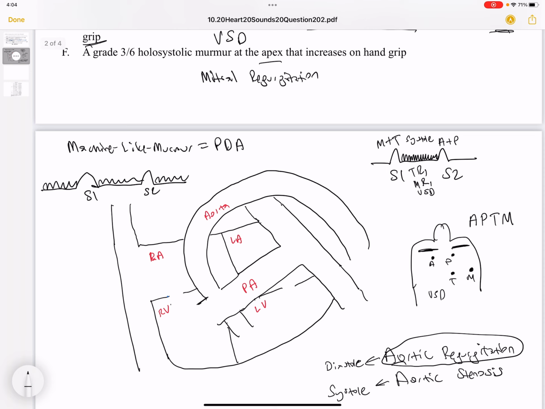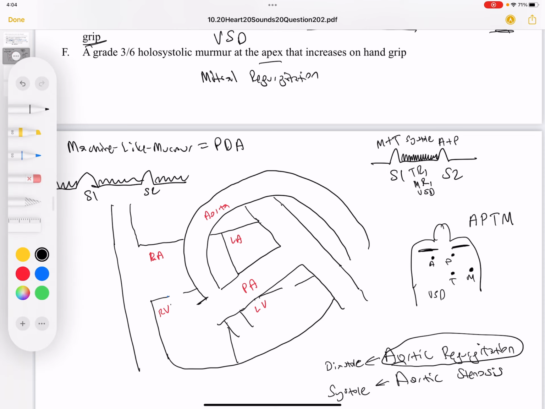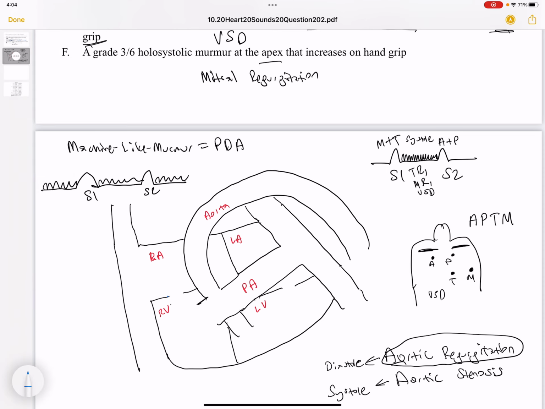Now, aortic stenosis is due to the stenosis of the aortic valve. So there's going to be this narrowing that is going to make it harder for the left ventricle to push out blood. As a result, the afterload is going to increase. And anything that increases the afterload is going to exacerbate this murmur.